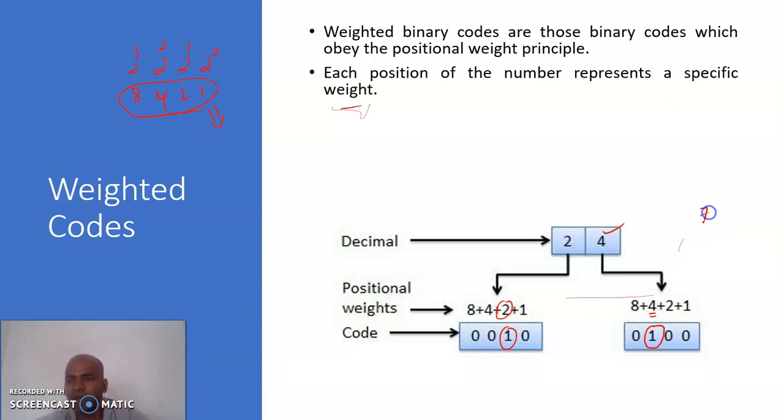How do we write number 7 in 8421 format? 0, 1, 1, 1. This is the binary representation of number 7, now represented in 8421 format. Here 1, 2, 4, 8 are positional weights. Each and every digit has some weight, so that's why this code is called weighted code.